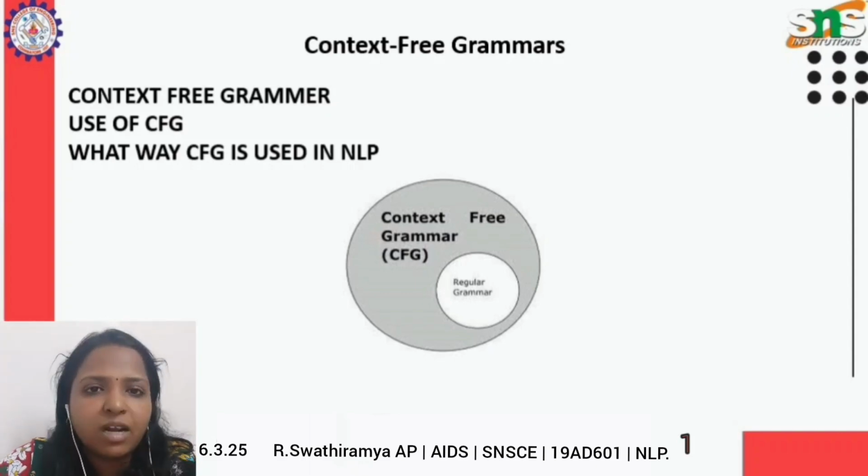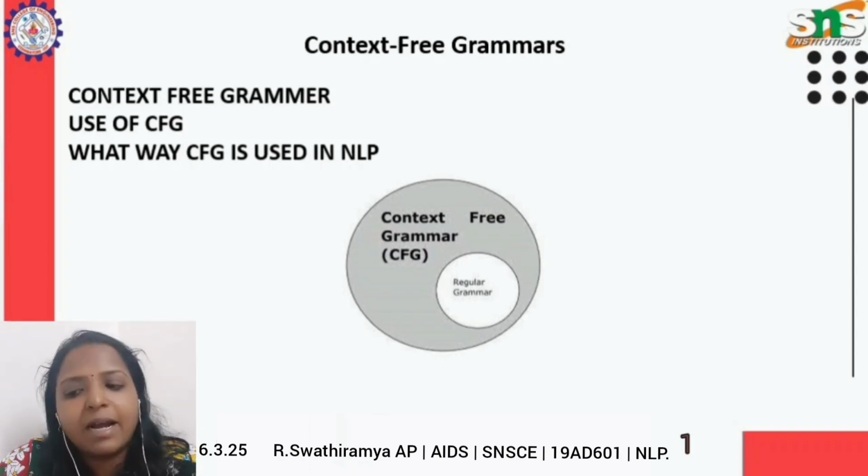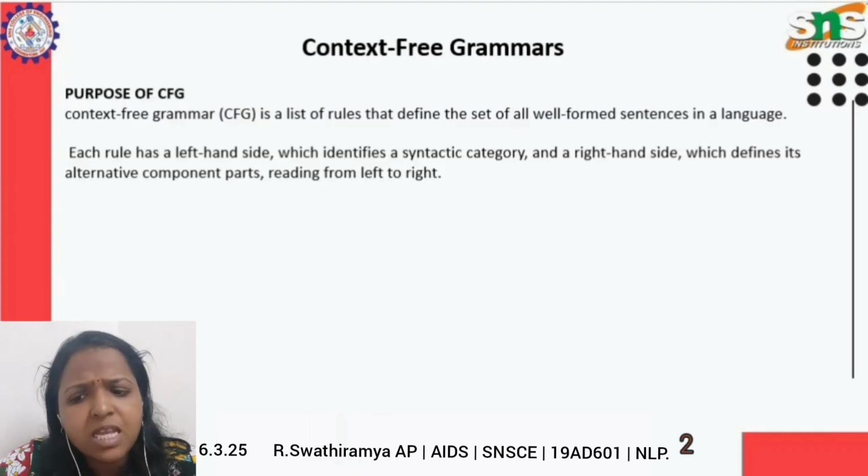When it comes to NLP, natural language processing, here also the CFG provides the same thing. CFG, that is context-free grammar, is a formal grammar used in NLP. How is CFG used in NLP?